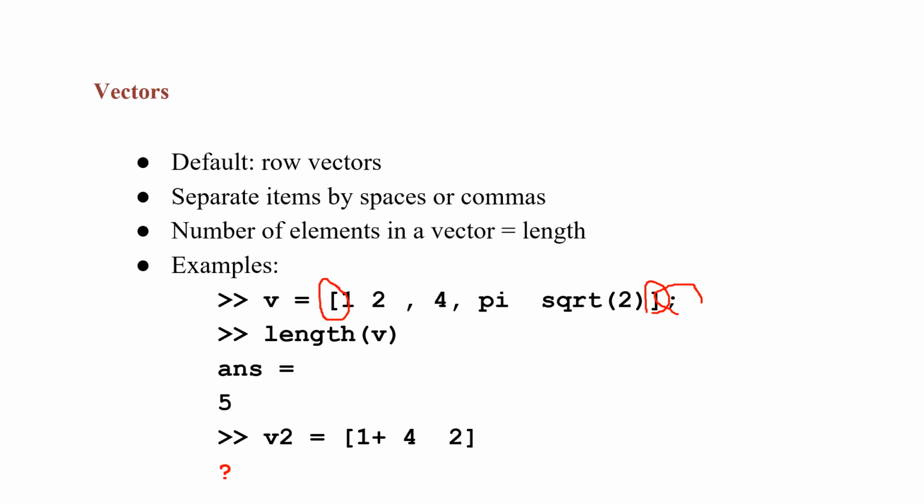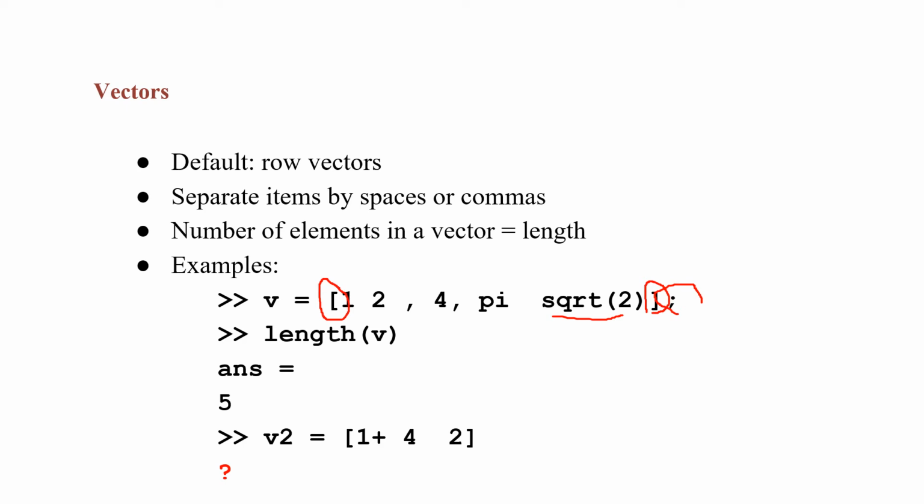There are two ways to separate items in a vector, either using a comma or using a space. You can use them interchangeably as well. The elements of the vector can be scalars, or they can be function calls, for example, the square root of 2.